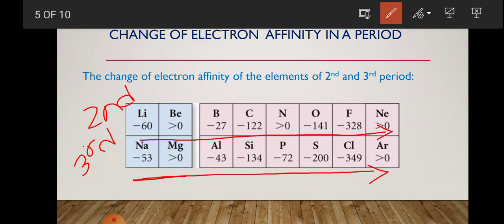That's why electron affinity also increases, and the electron affinity is highest for halogen atoms and zero for inert gases. In inert gases, the octet is fulfilled except helium, and they have no tendency to gain or lose electrons. That's why electron affinity of inert gases is 0.